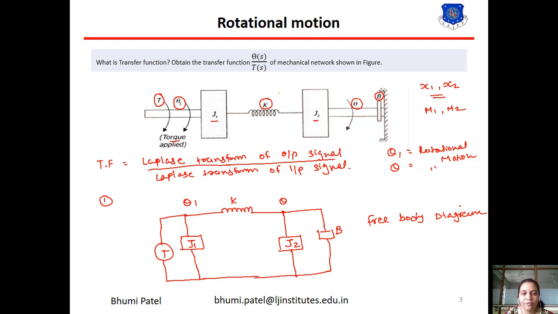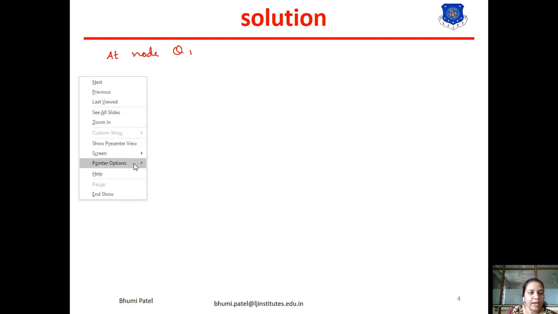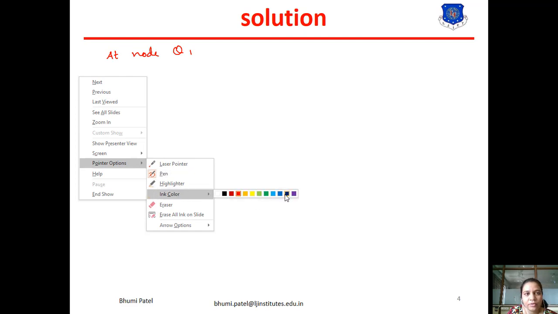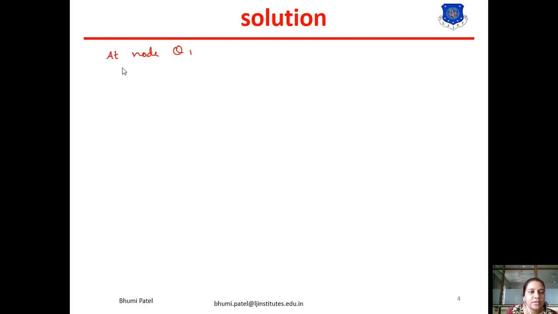Now we have to find the transfer function phi(s) upon T(s). So step number 2: write down the differential equation. First of all, at node theta 1 we have to write the differential equation. You can see in this diagram that J1 is connected to theta 1.